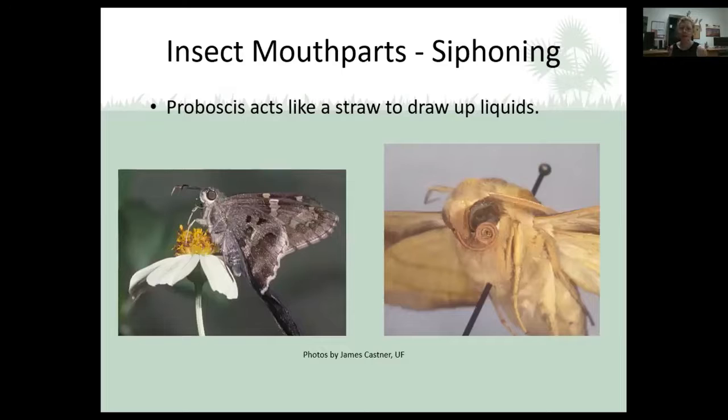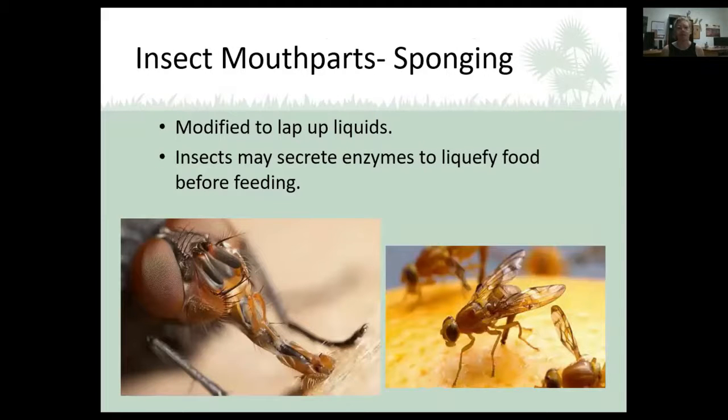With siphoning insects such as Lepidoptera, our moths and butterflies, the proboscis acts like a straw to draw up liquids. Usually not pests, but you know. And then the sponging or lapping mouth parts are seen in Diptera, which are the flies. They are less clean and precise than piercing, sucking mouth parts.